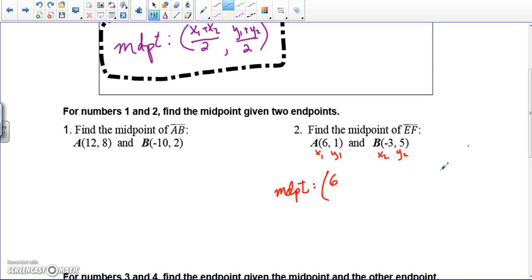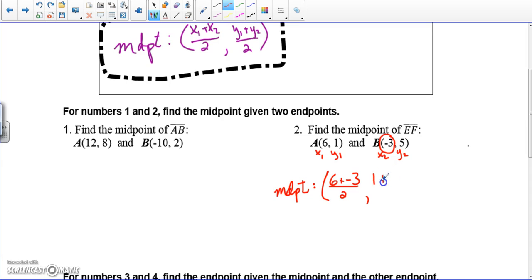It's just x1 plus x2. Notice our x2 is a negative 3. Sometimes people see that negative and go overboard with it and do a minus a negative 3. Remember, it's just x1 plus x2. Only in this case, that x2 just happens to be negative. It doesn't change anything. So x1 plus x2: 6 plus negative 3 divided by 2.